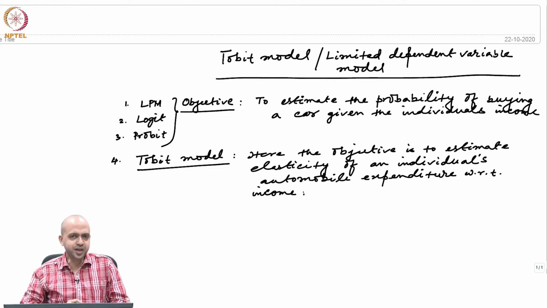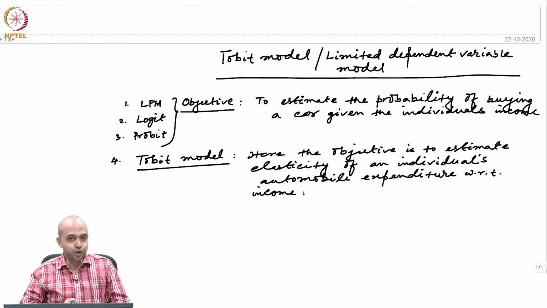So, my expenditure for automobile is 0. You cannot observe that individual's automobile expenditure unless that individual has his or her own car. That is what we have to keep in mind.